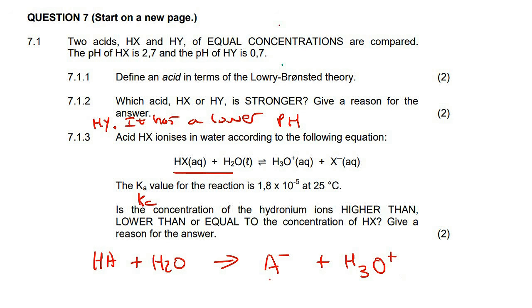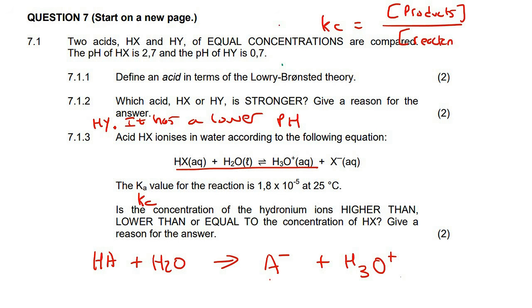So if you had to work out Kc for this expression, remember Kc, which is from equilibrium, is the concentration of your products over the concentration of your reactants. And remember that we only look at gases and aqueous. If you have anything liquid or solid, we don't include that in your Kc calculation.